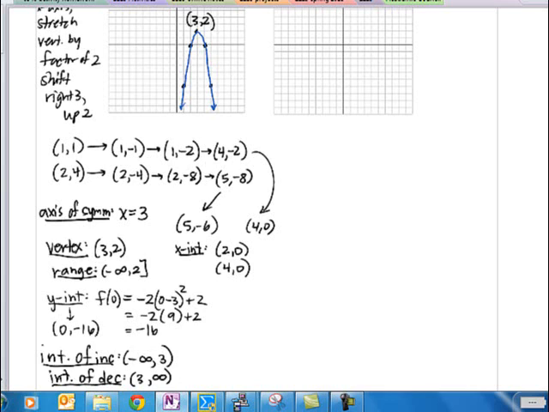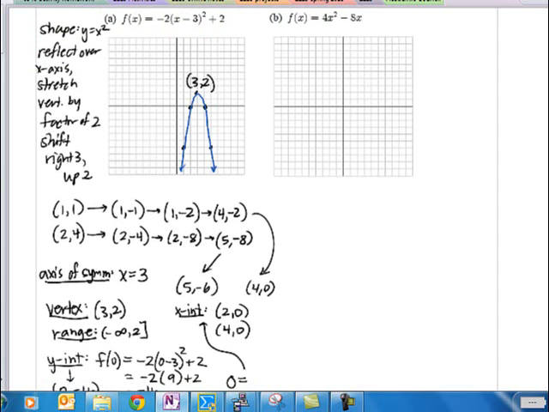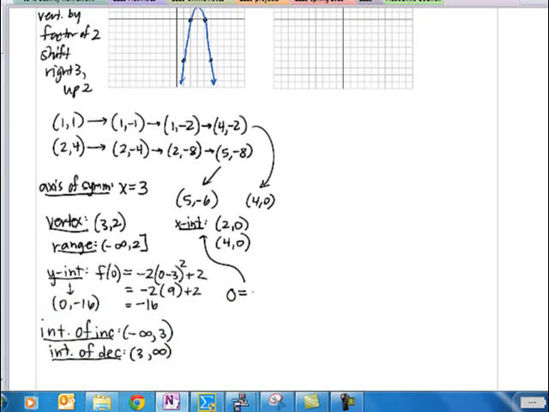Okay, so let's follow up here. We could see the x-intercepts from the graph, but just to demonstrate that if we were to try to find them algebraically, we'd get the same thing. So we set the function equal to 0, so we have 0 equals negative 2 times (x minus 3) squared plus 2. I wouldn't expand that.